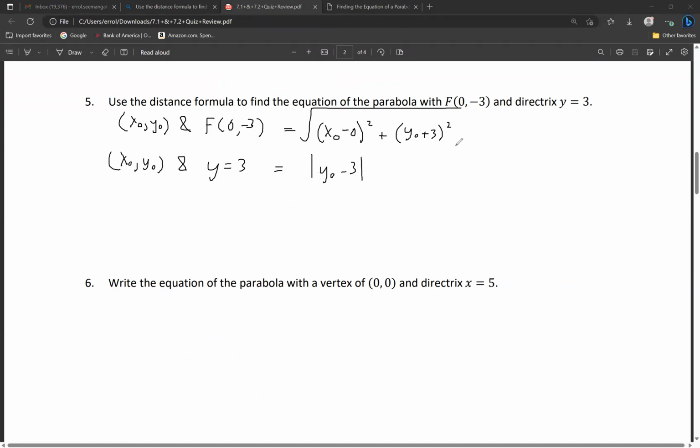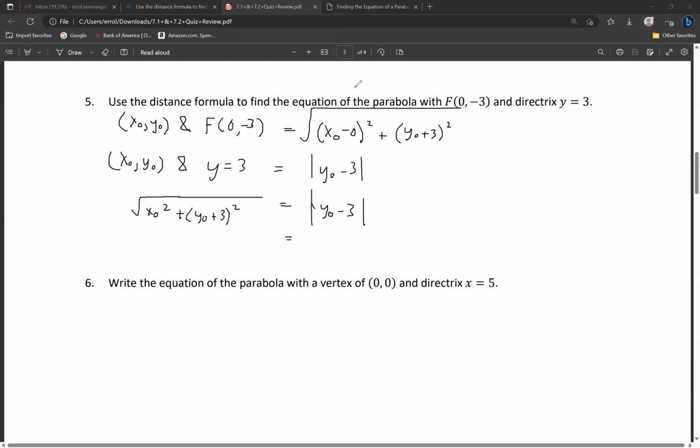And now you just let these two equal each other. So x0 minus 0 is just x0, squared, plus y0 plus 3 squared, root of all that, equals the absolute value of y0 minus 3.